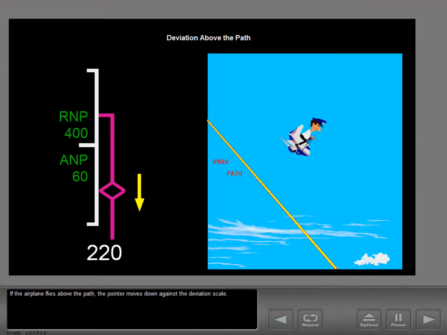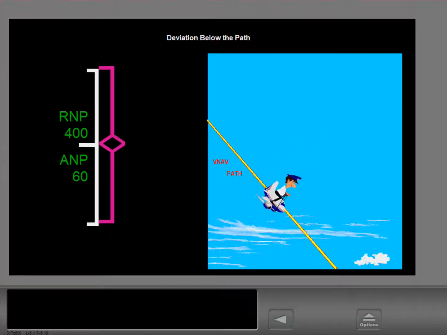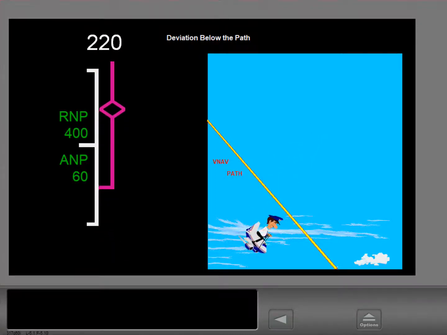If the airplane flies above the path, the pointer moves down against the deviation scale. As the airplane descends below the path, the pointer moves up against the deviation scale.